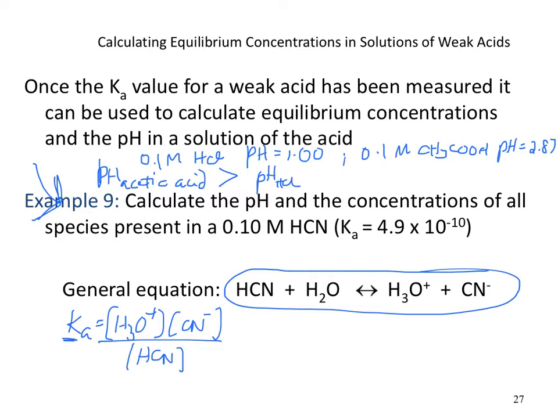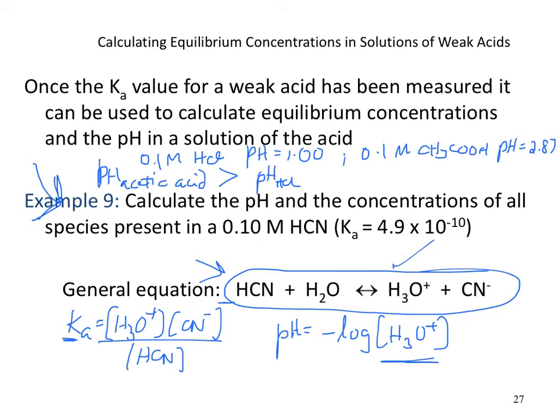Now, realize if I have to determine the value of pH, pH by definition is negative logarithm of hydronium ion. So I will have to figure out the concentration of hydronium ion. Since this is a balanced equation, stoichiometrically I can say that 1 mole of HCN reacts with a mole of water to give you a mole of hydronium and cyanide.